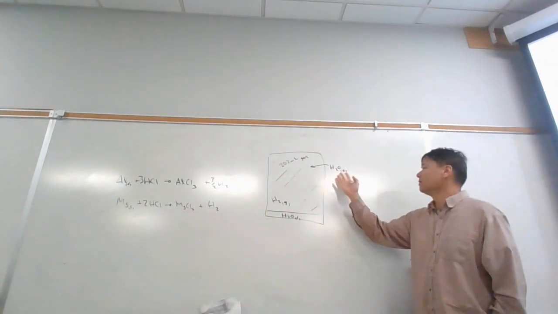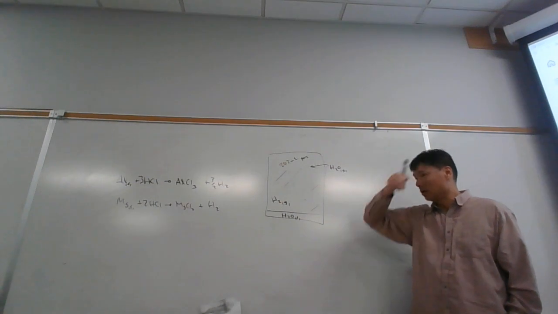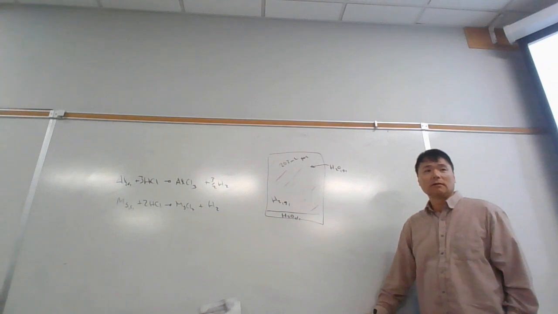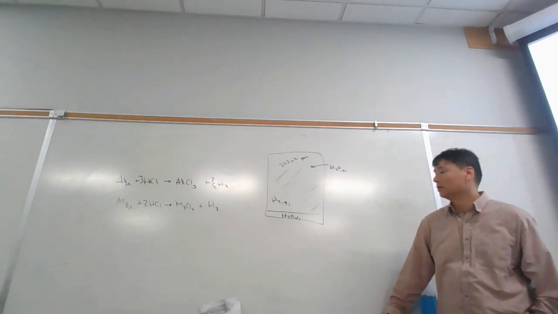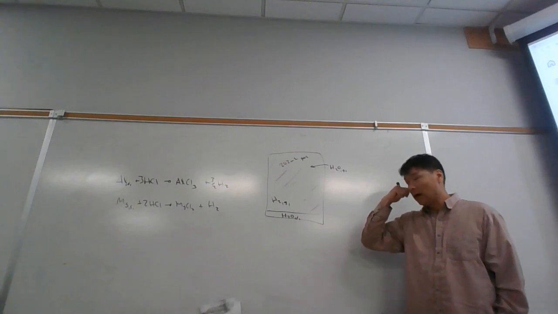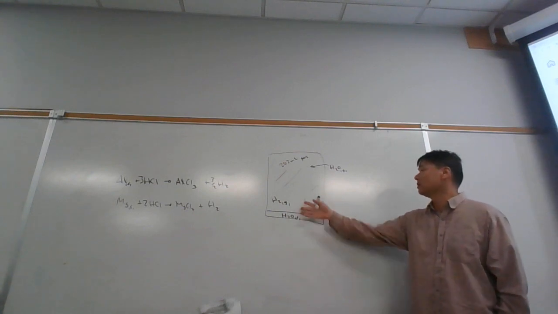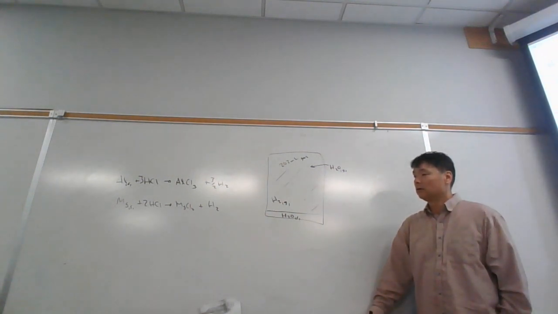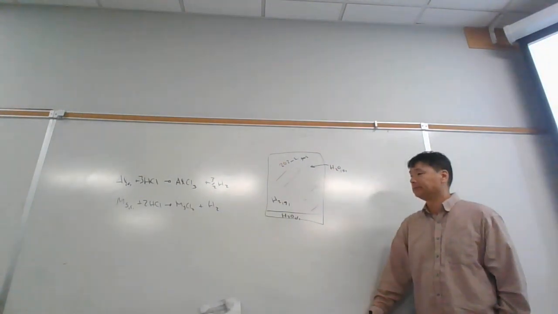And how many milliliters of gaseous water were collected using Dalton's? 202 milliliters. So if we use Dalton's, we have 202 milliliters of hydrogen and 202 milliliters of water. So what must be the difference? The difference must be the pressure that they generate. That's right.